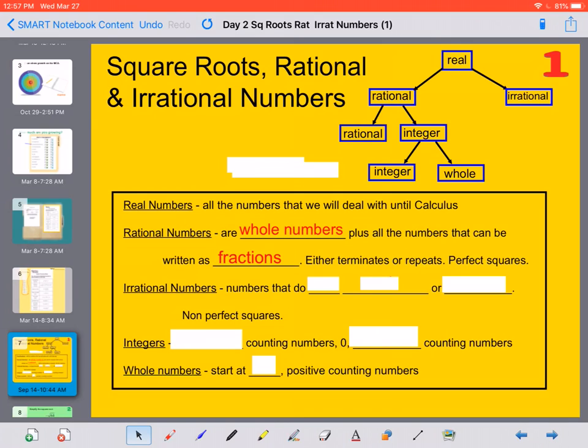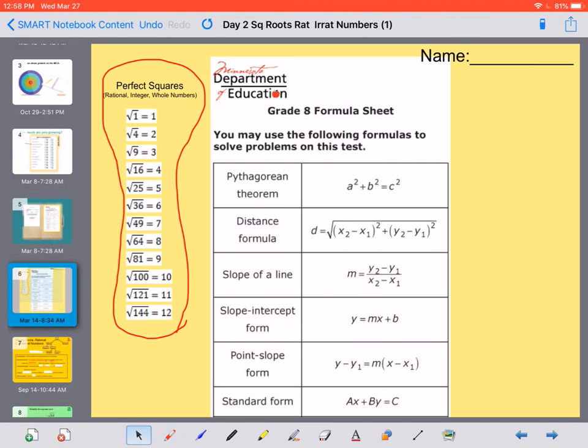They either terminate or repeat. So if we had a decimal like 0.5 or 0.55 repeating, that would be a rational number. Also perfect squares. So all these perfect squares would be rational numbers.